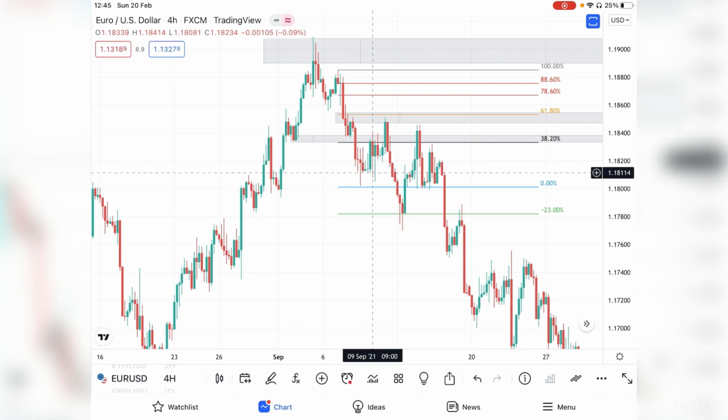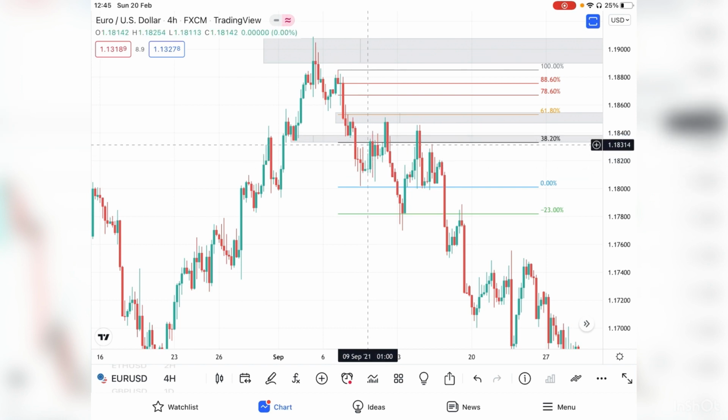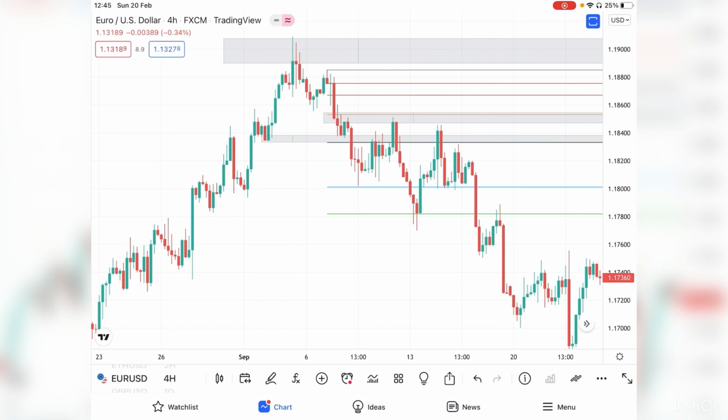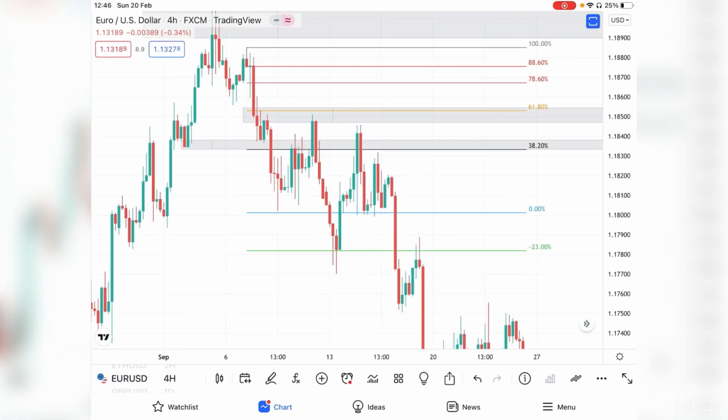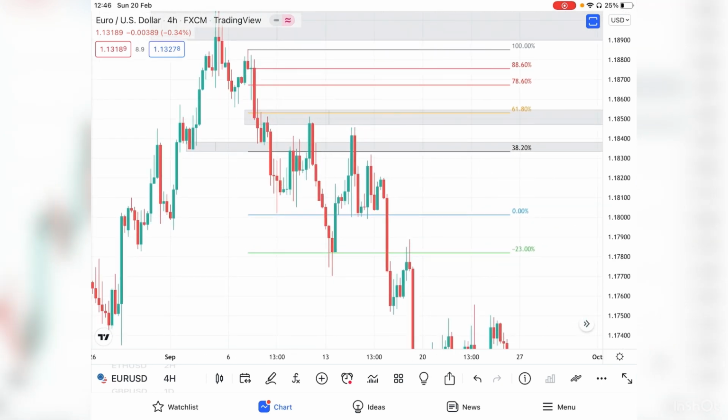Not really, because we see this massive bullish candle, then a bearish candle that hasn't engulfed it, then another bullish candle, and another bearish candle that hasn't engulfed it. So we don't really see bearish pressure forming, but then the market pushed to that 61.8 area and we saw a massive bearish engulfing right here.